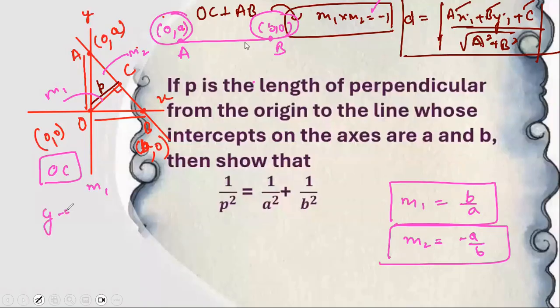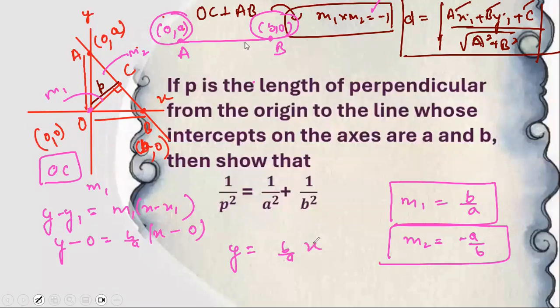So we have the direct equation y minus y1 is equal to m times x minus x1. x1, y1 I have taken as this point 0, 0 because I have the coordinate. So y minus 0 is equal to m, and m1 I have taken for this, so m1 value is b by a, times x minus x1, which is again 0. So y is equal to b by a x.